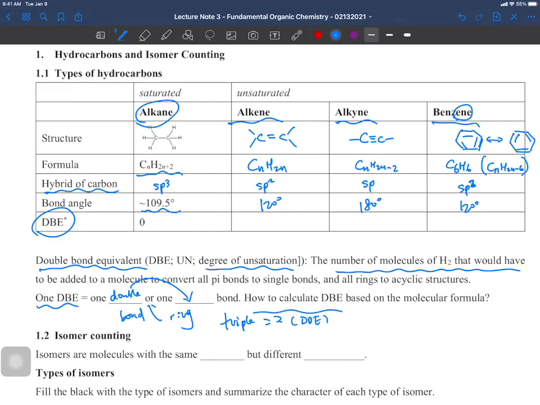So basically, if we get a molecular formula, how can we calculate the DBE? For example, if I get CxHy, how can we calculate DBE?